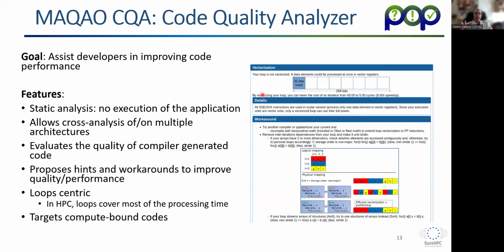Next is CQA. So this is the code quality analyzer. The idea is that we'll be analyzing the binary code statically, and trying to identify the type of instructions that were generated, the kind of transformation that the compiler performed, and provide some explanation of what happens in the loop. So we tend to focus a lot on loops because, in HPC code, most of the code is generally in loops.